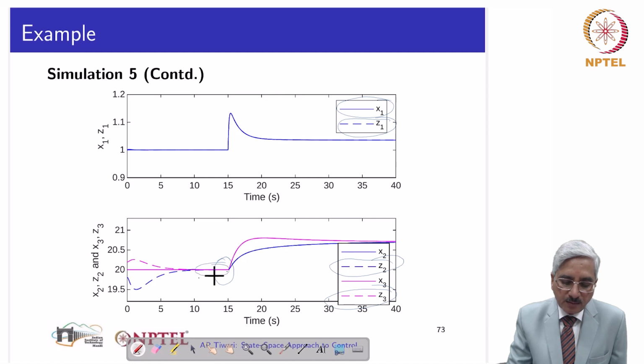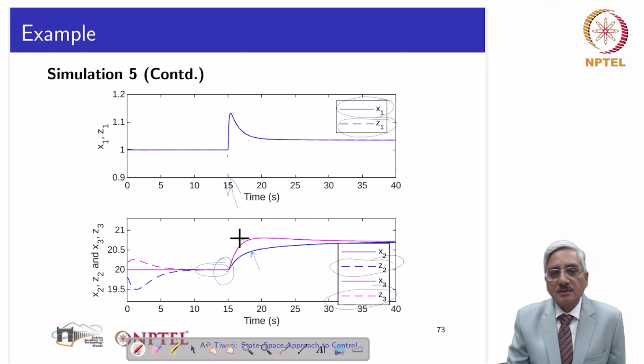Z2 and Z3 have become asymptotic to X2 and X3. And then the system starts undergoing transients. The input was applied at t equal to 15 seconds. And to the human eye, there is hardly any difference between X2 and Z2 and between X3 and Z3.